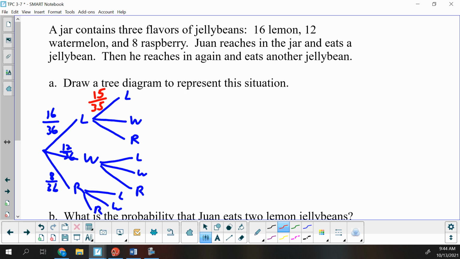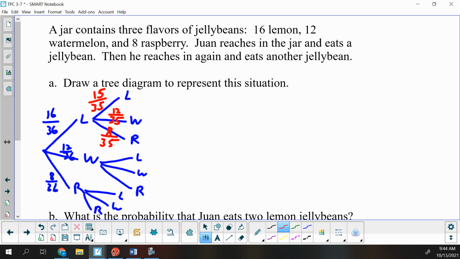For our next probability, lemon then watermelon: if we ate a lemon, we still have all of our watermelons left, so that's 12, but the lemon got eaten, so there's only 35 total. And if we ate a lemon and now want a raspberry, we still have all 8 raspberry, but because the lemon was eaten, there's only 35 left.